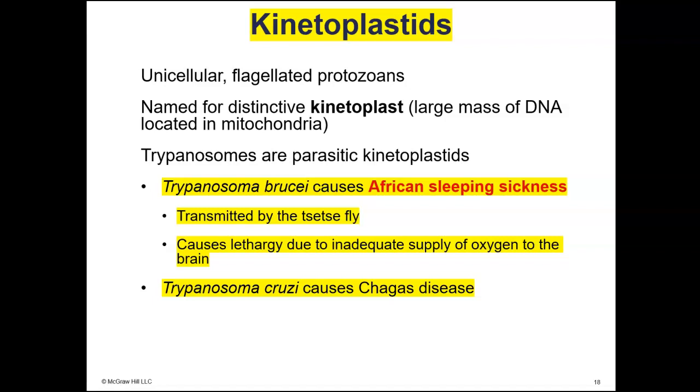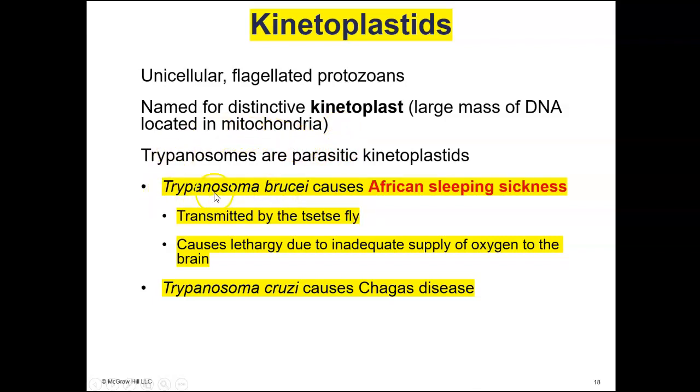Within the euglenozoans, there is also one that I want to mention to you. It's a type of protozoan called a kinetoplastid. The name comes from the fact that they have a kinetoplast, which is a large mass of DNA in the mitochondria.